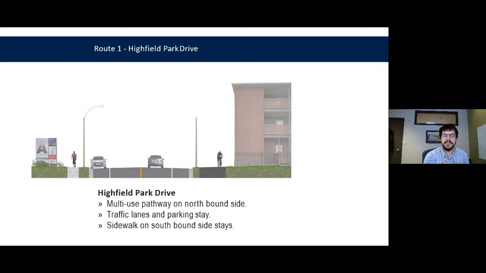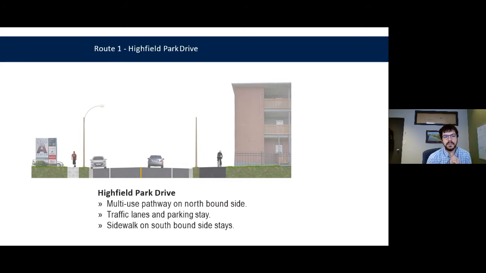Northbound traffic is on the community side rather than on the highway side. So there's very little change to Highfield Park Drive itself, just the addition of that multi-use pathway rather than a sidewalk on that side of the road. And this would go all the way from the current end of the Burnside Greenway by the school all the way down to Victoria Road.